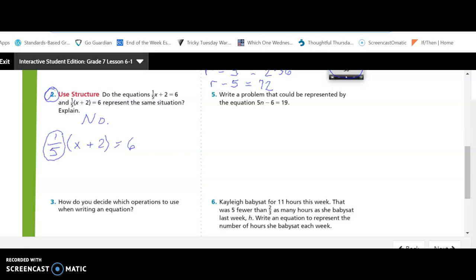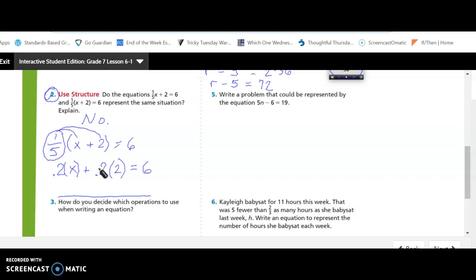So we have to take that 1/5 and bomb the fort. I'm going to turn that 1/5 into a decimal. I know that 1 divided by 5 is 0.2 times x. I'll put that in parentheses. Plus, when I bomb that fort, 0.2 times 2 equals 6. And if we multiply and simplify that out to the last step, we'll see that it is a different equation than the first equation they give in the problem.